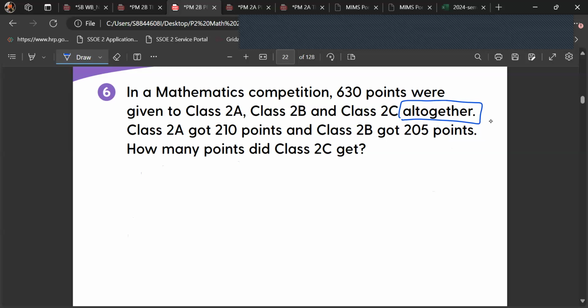Yes, because the first keyword that's here is all together. It tells you that there are three classes, 2A, 2B, and 2C. But in this question, it starts off with telling you that all of them add together in all is 630 points.